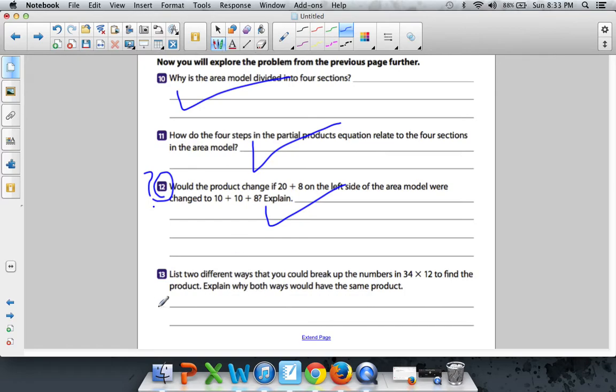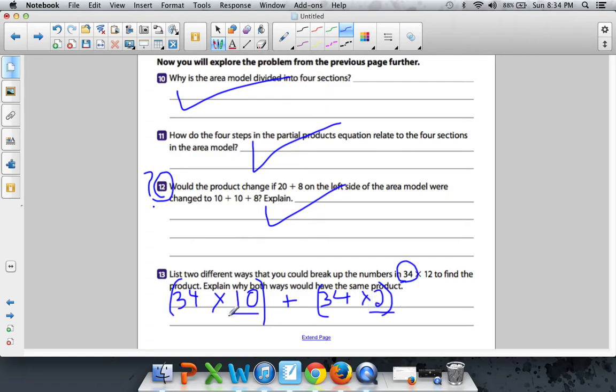Okay, so you could do 34 times 10, and then put that in parentheses, and you can add that to 34 times 2, and that'd be correct because I still have the 34, right? I didn't lose the 34, and all I did is I took that 12 and I split it into a 10 and a 2.